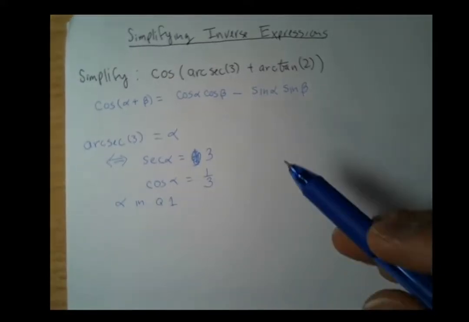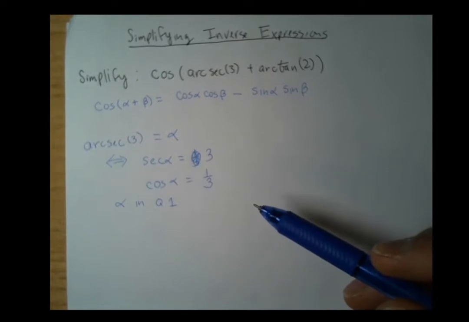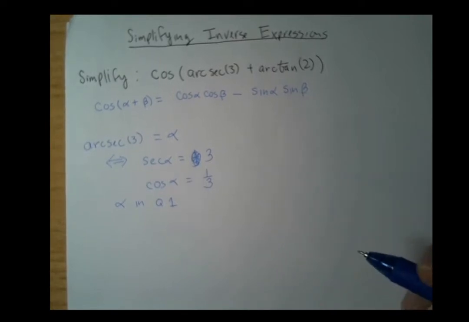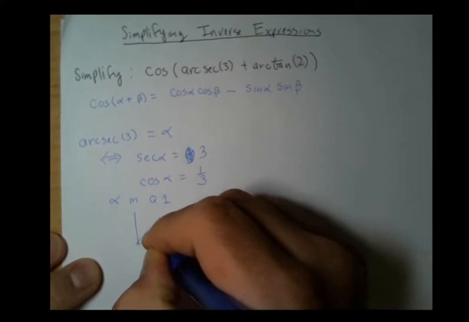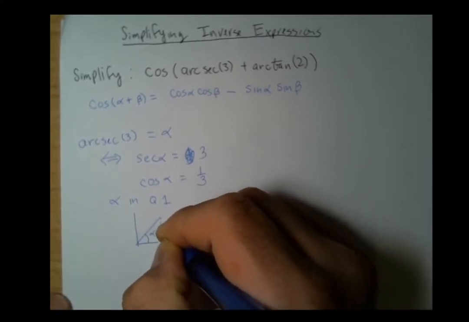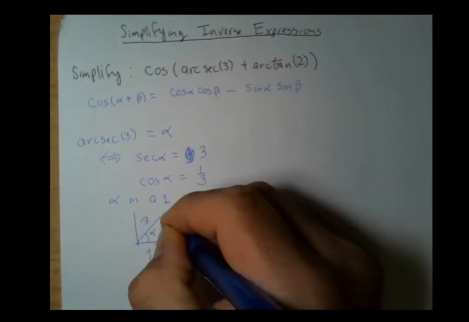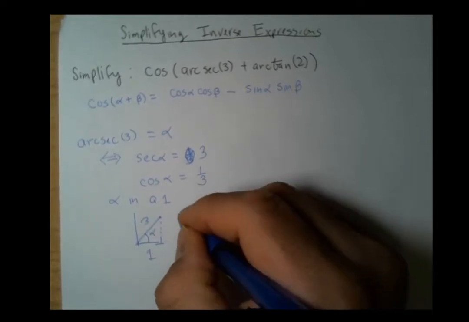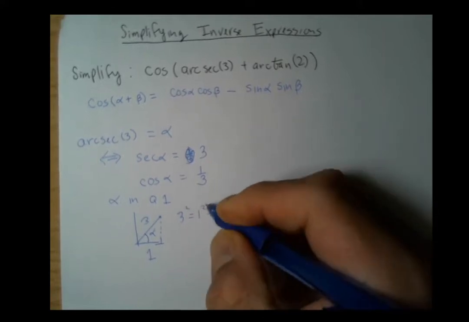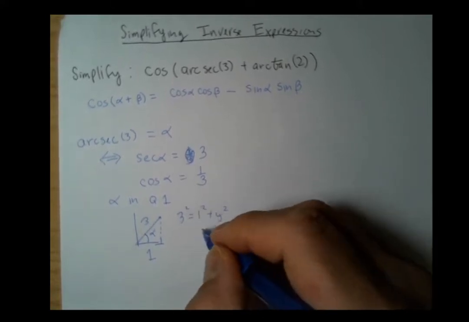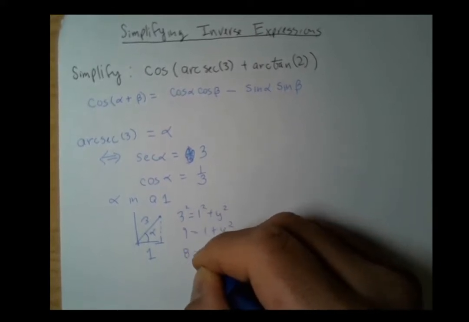Since we are dealing with inverses, and the inverse of cosine when it's positive falls in quadrant 1, this is alpha in quadrant 1. We have the hypotenuse 3 and the adjacent side 1. Finding y, 3 squared equals 1 squared plus y squared, so 9. Solving for y, we get 8 equals y squared.